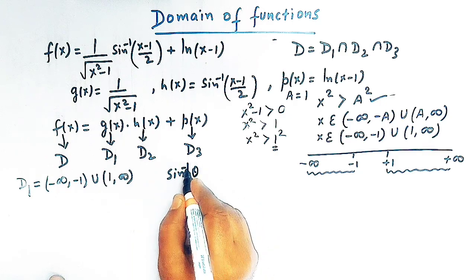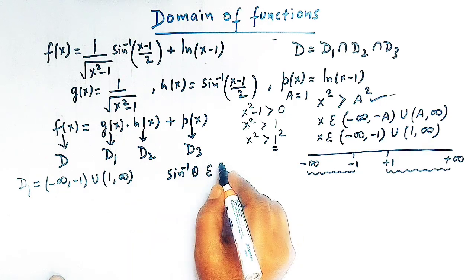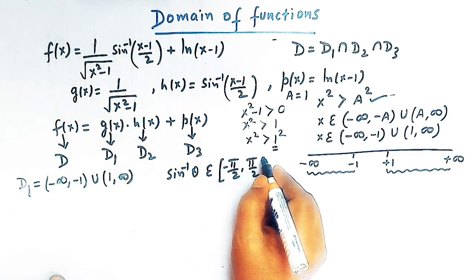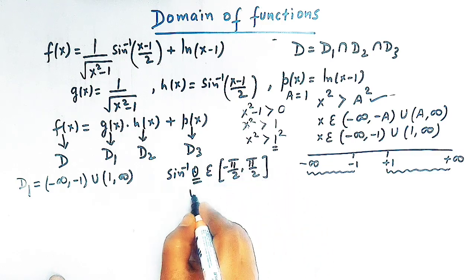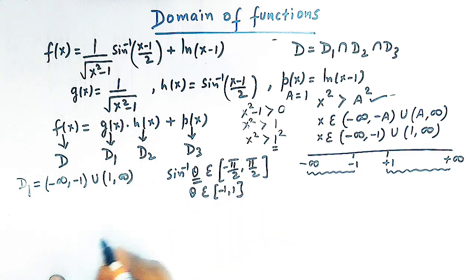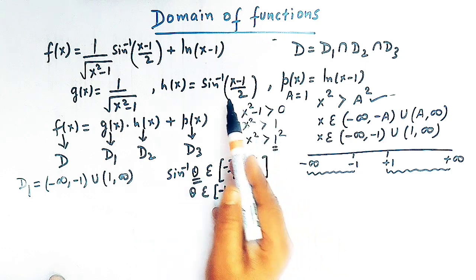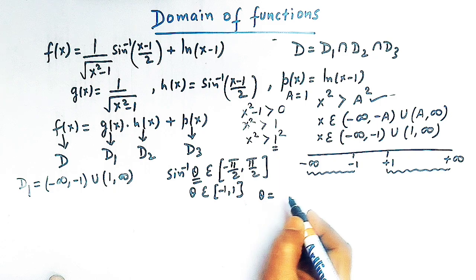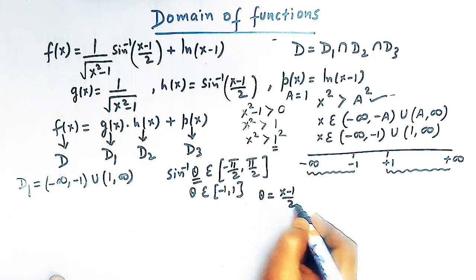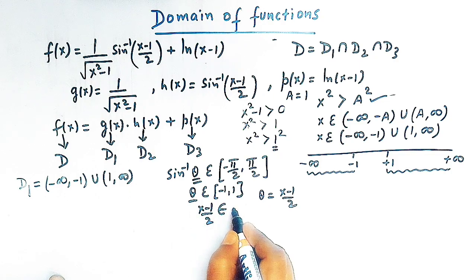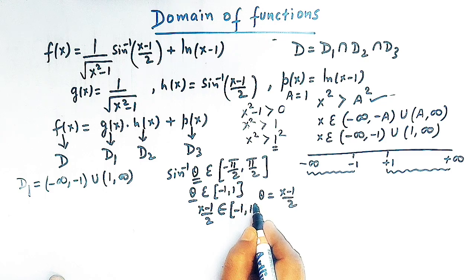The range of sine inverse theta belongs to this interval, that is minus pi by 2 to pi by 2, provided this theta belongs to the interval minus 1 to 1, right? And if we compare sine inverse theta with this one, then the value of theta is given by (x minus 1) over 2. So (x minus 1) over 2 must belong to this interval, that is from minus 1 to 1.